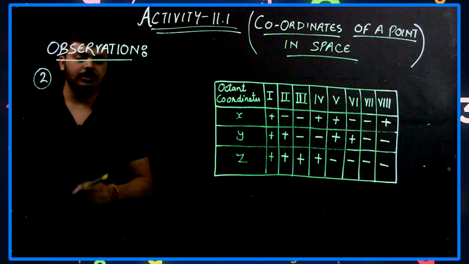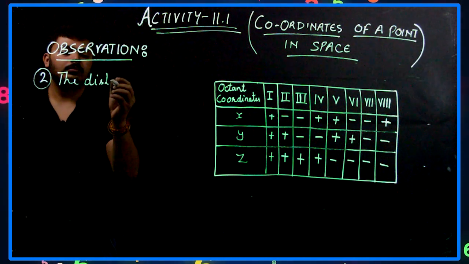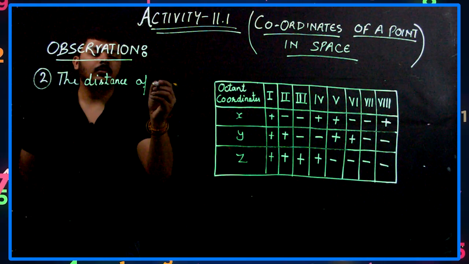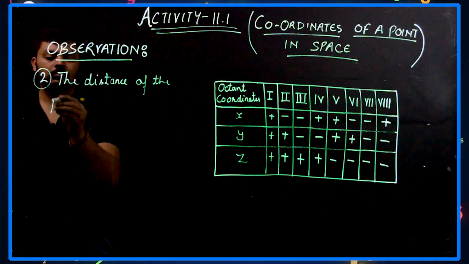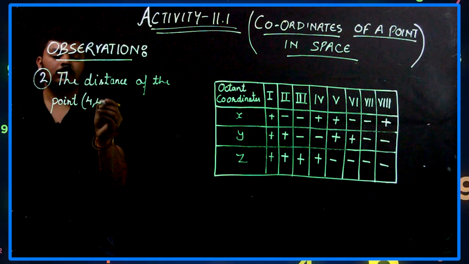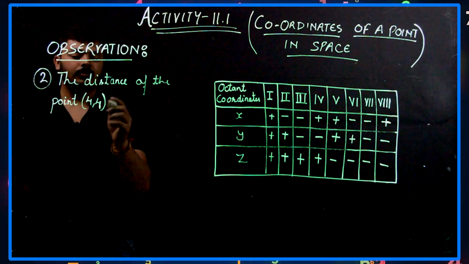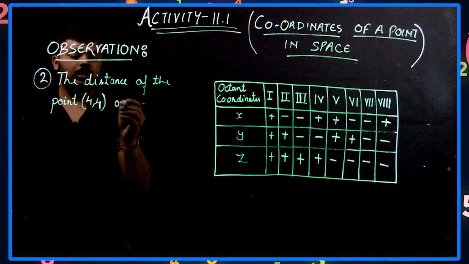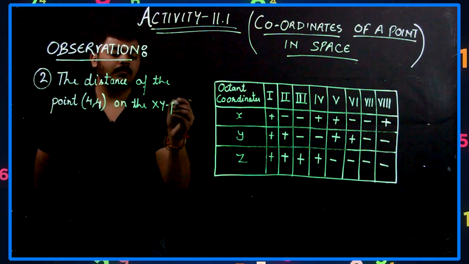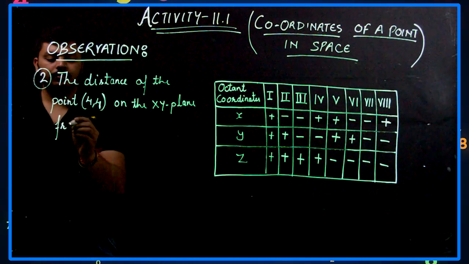Our second observation is the distance of the point whose coordinates are (4, 4) on the XY plane from the origin.